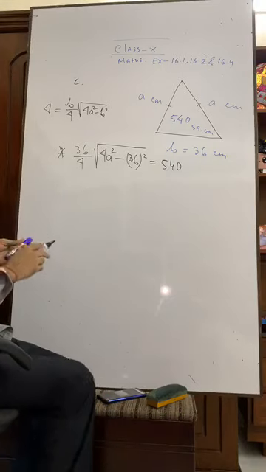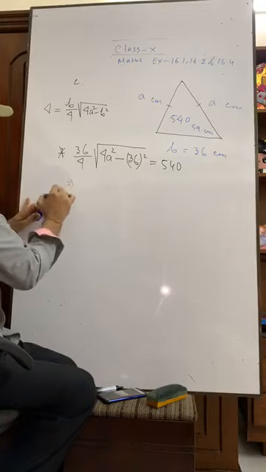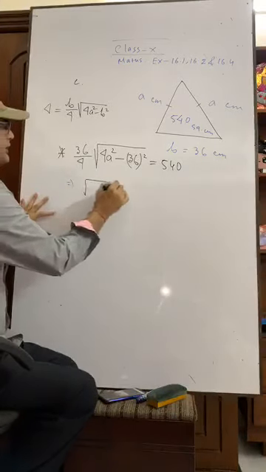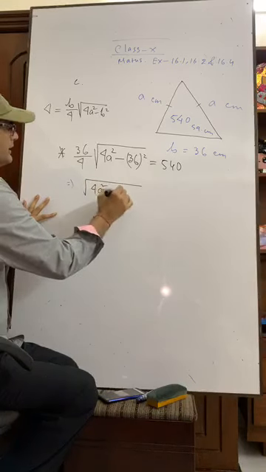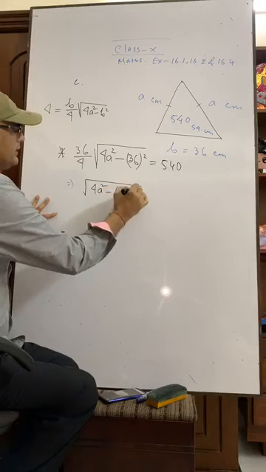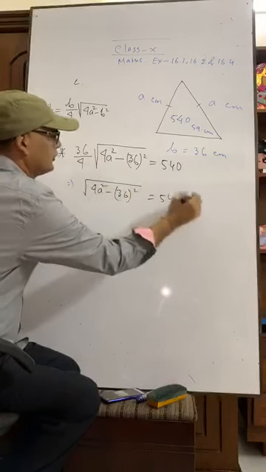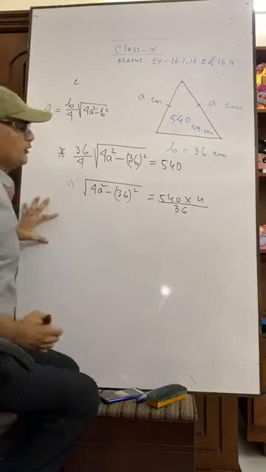We can write like this, 540 is there. That is, root over 4a square minus 36 whole square is equal to 540 into 4 by 36. Use the calculator.